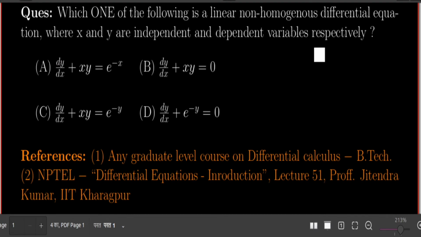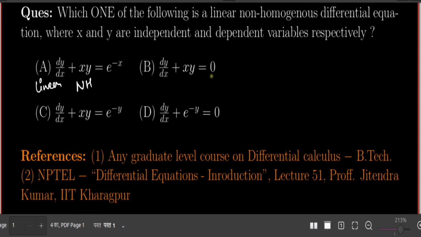So some function of x times dy by dx plus some function of x, which is x itself now, times y equals another function of x. So this is linear, but clearly being linear, it's non-homogeneous, because you have e raised to minus x here, it should have been 0 for homogeneity, as seen in the definition.